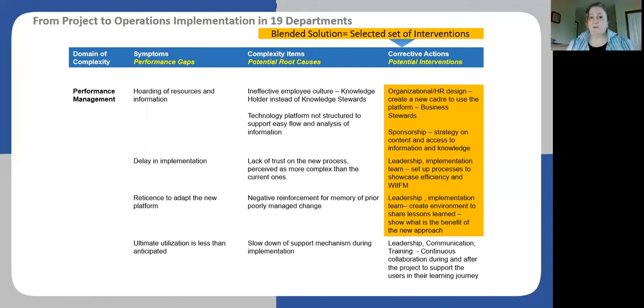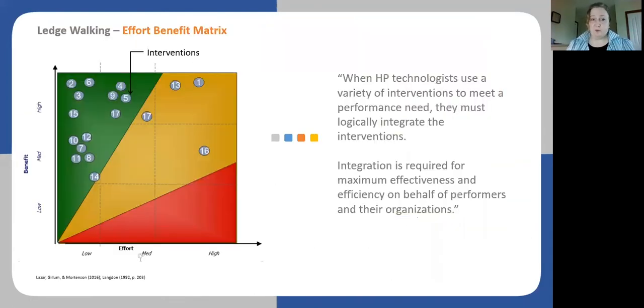but which ones do we pick? Which ones do we pick based on the need in that particular moment? That's when we use the effort benefit matrix, and we aligned the different interventions in here, looking at the benefit that would bring and the effort that would take.